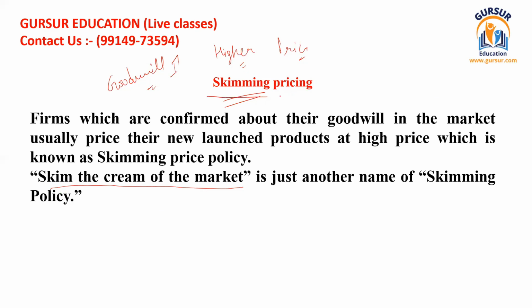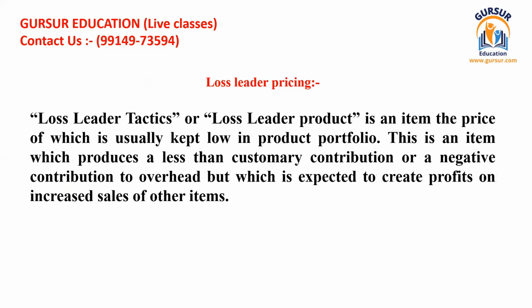This is known as a skimming pricing policy. Why is it known as skimming? Because it means skim the cream of the market. You just earn more and more by charging a higher amount only on the basis of the goodwill you have already created in the market. This is skimming pricing policy.